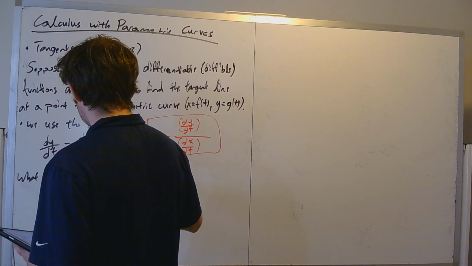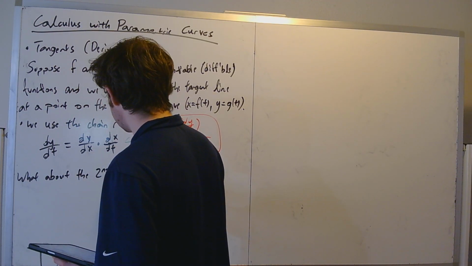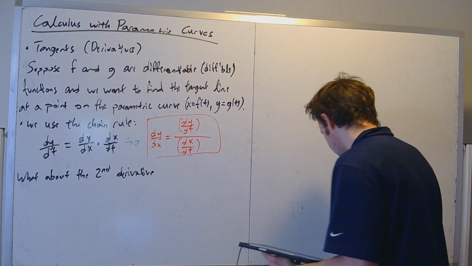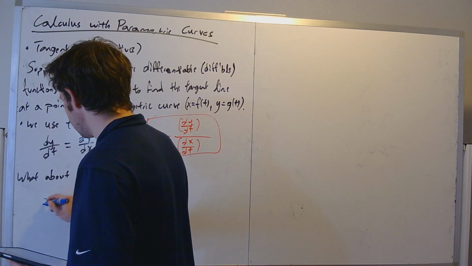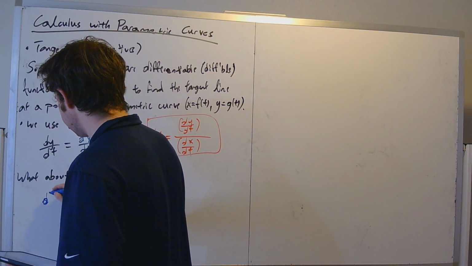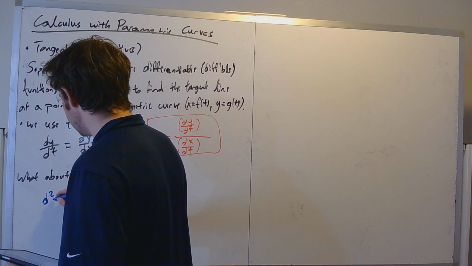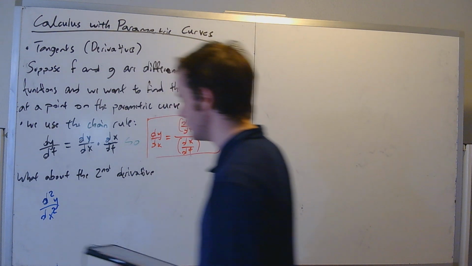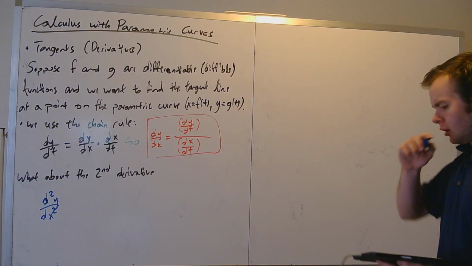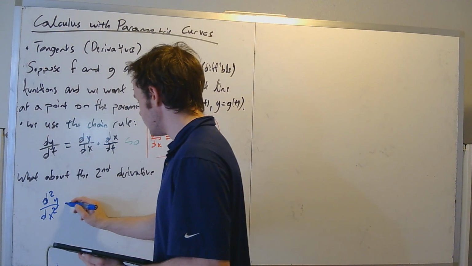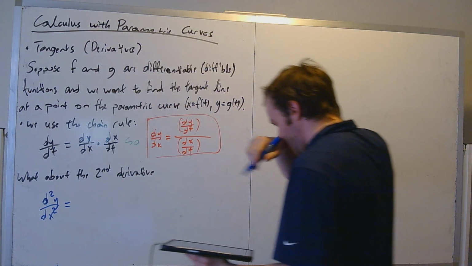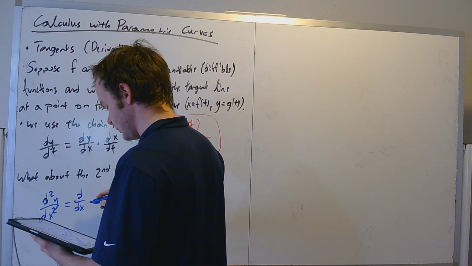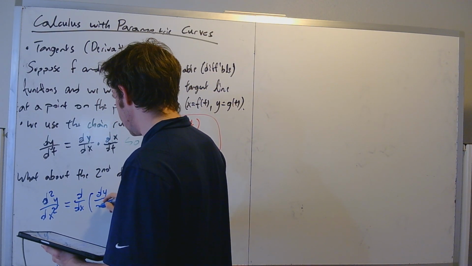And we can ask the question, what about the second derivative? Right, so let's say we're looking for the second derivative of y with respect to x. That's the notation we use there. If we're looking for the second derivative, this is the derivative with respect to x of the derivative of y with respect to x, right?